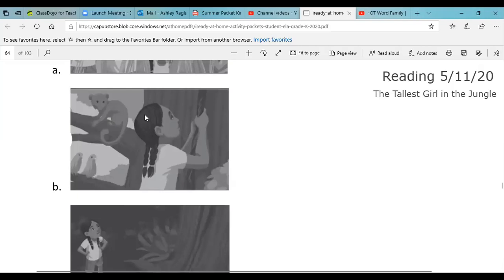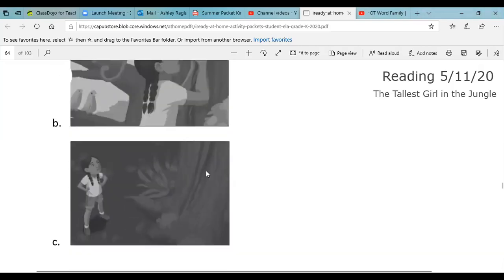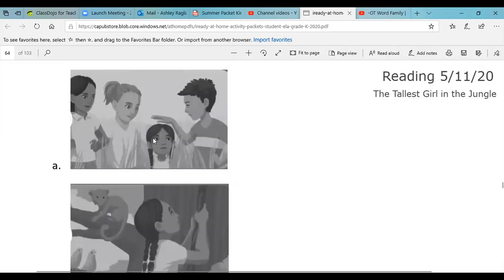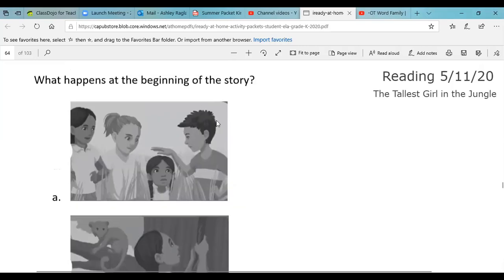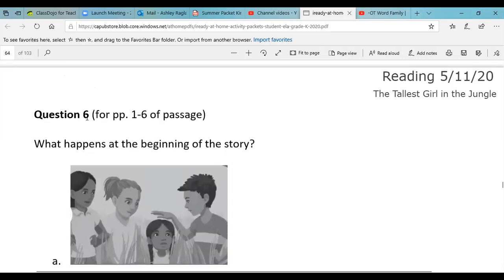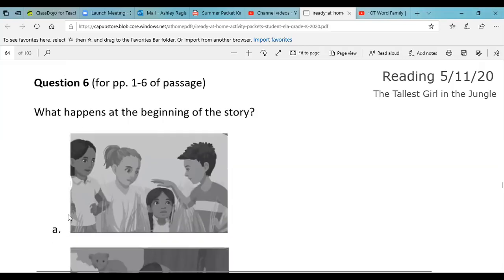That was more towards the middle, right? And although she was kind of thinking about the tree at the beginning, we know that she was teased first before she even thought about climbing the tree. So at the beginning of the story, she was being made fun of and teased. So for number 6, you want to put A. So for number 6 on your paper, let's put the letter A.